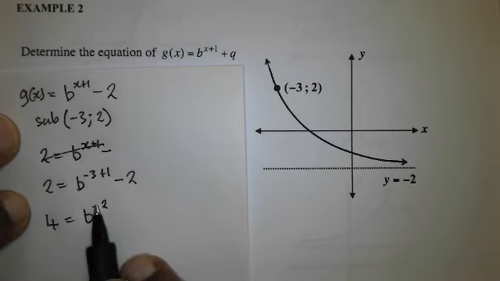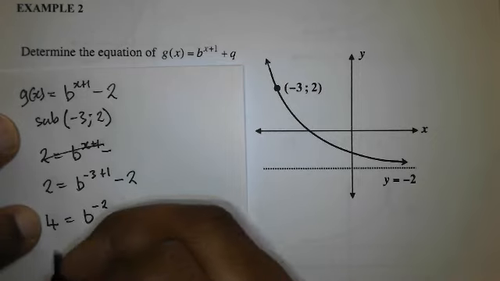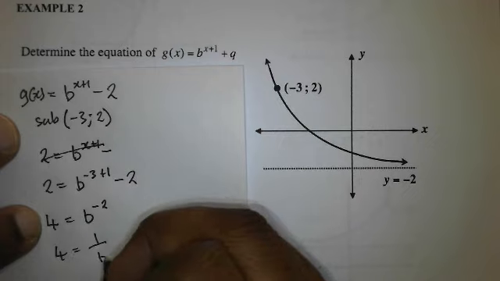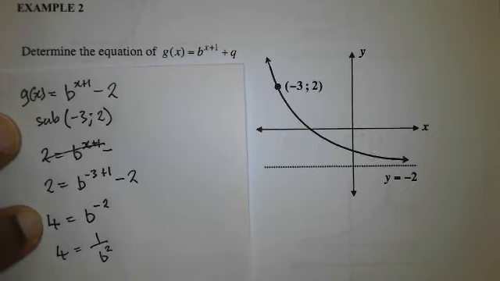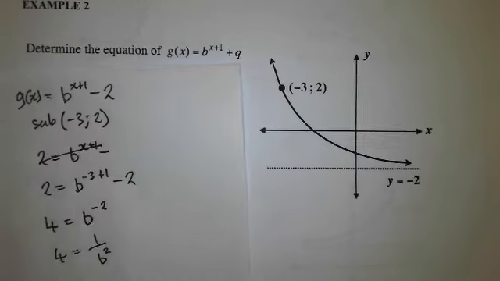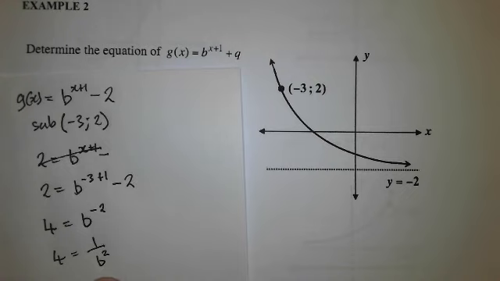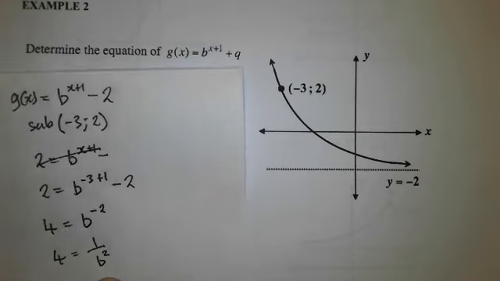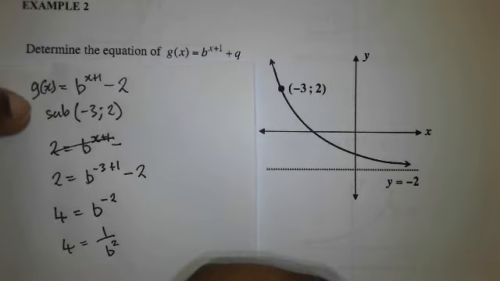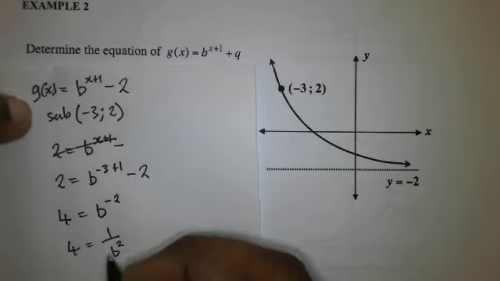Let's use our rules of exponents. So 4 becomes equal to 1 over b to the power of 2. Now this is the equation that we have to solve. In order to solve that equation, let's use our knowledge of exponents.